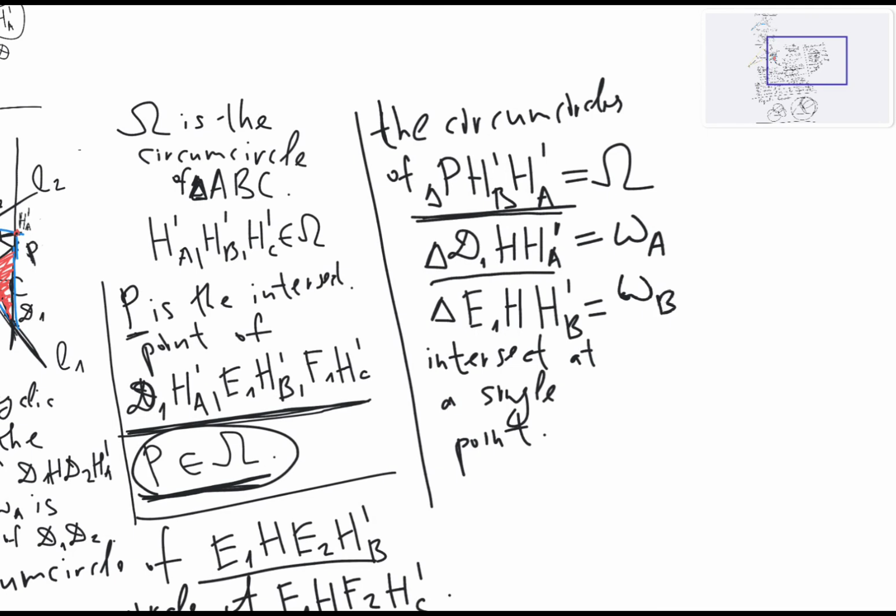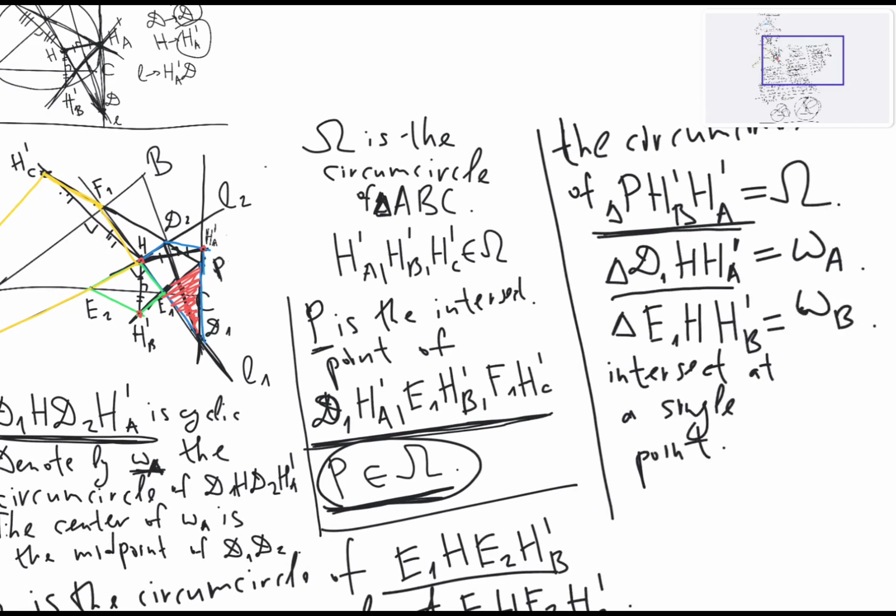So what we proved now by Miquel theorem is that these 3 circles intersect at a single point, right?